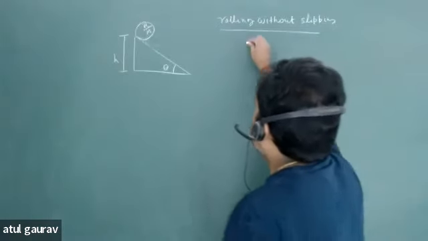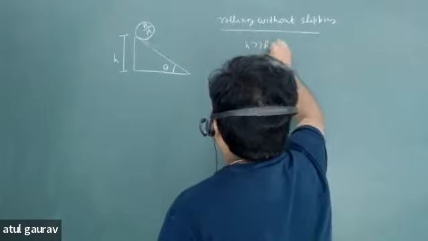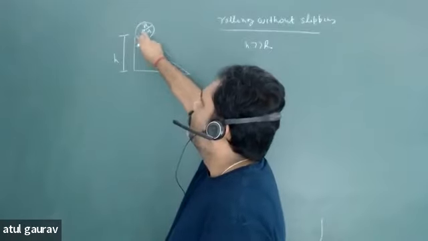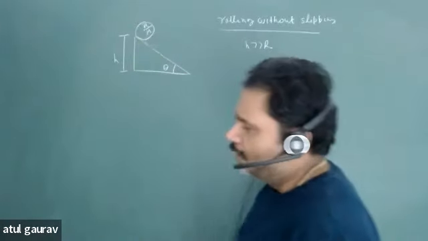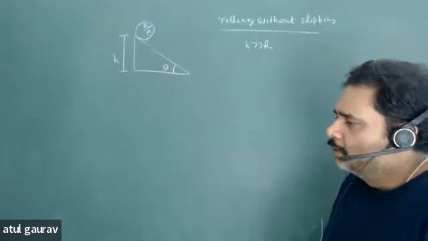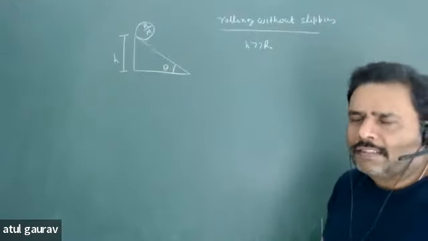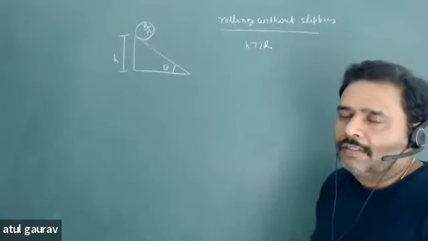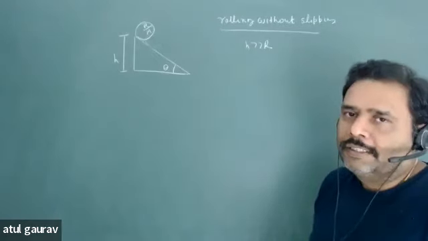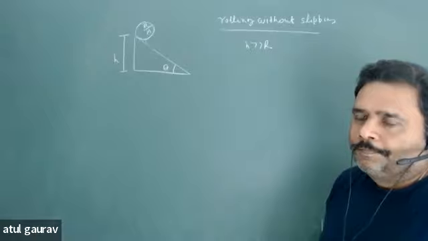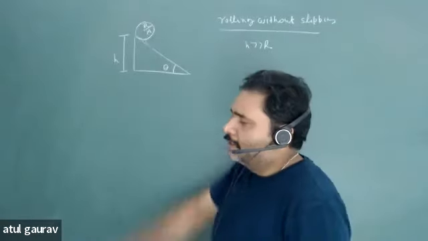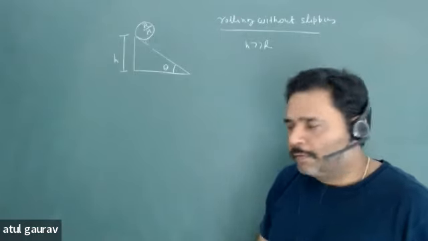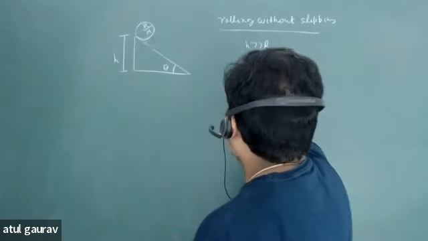And you can also assume that h is very, very greater than r, such that the center of mass is more or less at the h distance. So how will you find it? The easiest, you can use a different way here, but we can go for the easiest way. We can use conservation of energy, isn't it? So initially the total energy is kinetic energy or potential energy? Potential energy. Converted into what will be that potential energy?